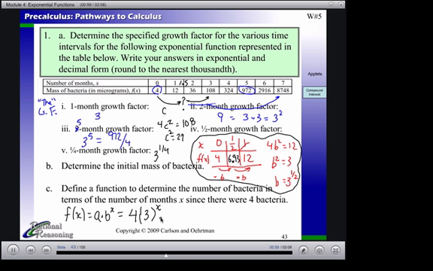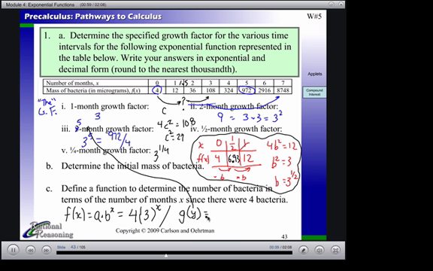Okay, so what if, all right, so g of, say, y. And let's let y be the number of 5-month periods. Y is the number of 5-month periods.